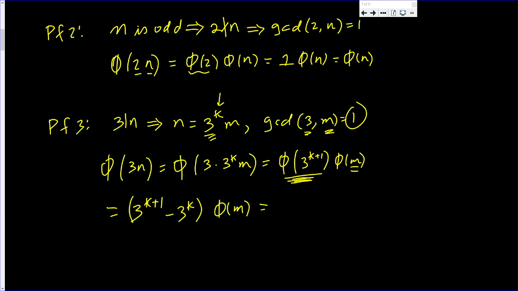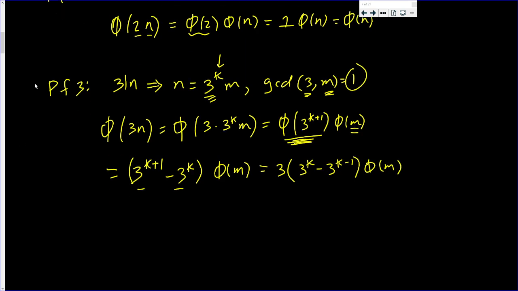Just make things happen. Pull out a 3. So we get 3 times 3 to the k minus 3 to the k minus 1 times phi of m. Now, I have the 3, I have the phi of m. Somehow, that has to be phi of 3 to the k, because 3 to the k times m, that's n.